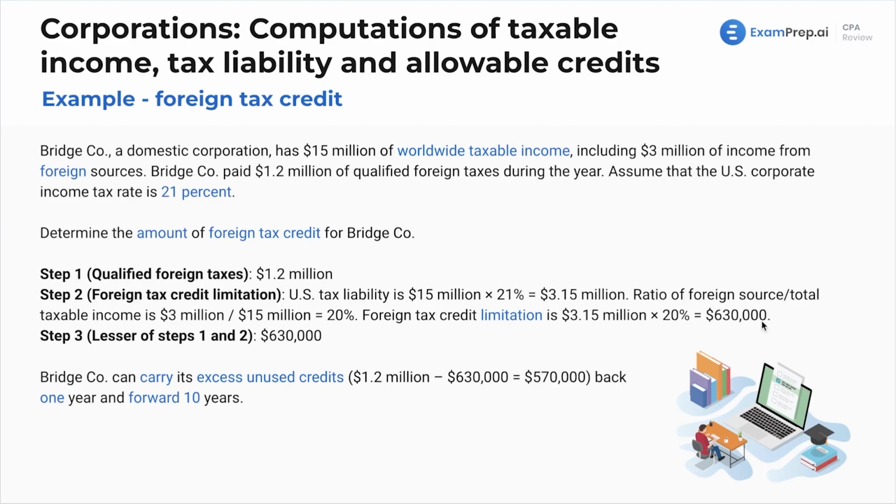And then step 3, what's the lesser of steps 1 and 2? It's going to be step 2, $630,000. So Bridge Company can carry its excess unused credits, $1.2 million minus $630,000, which gives us $570,000, back 1 year and forward 10 years. All right, looking good.